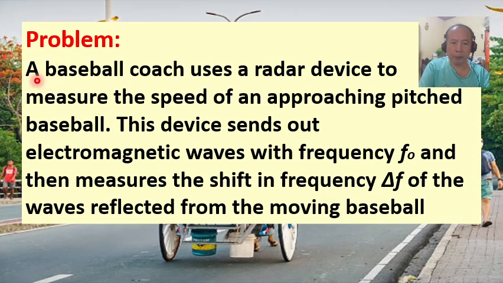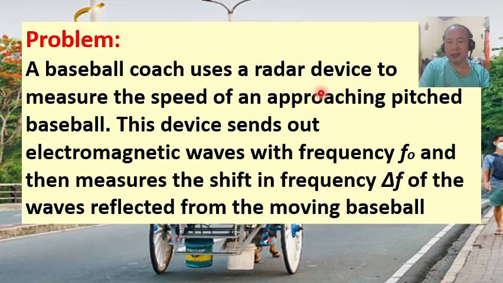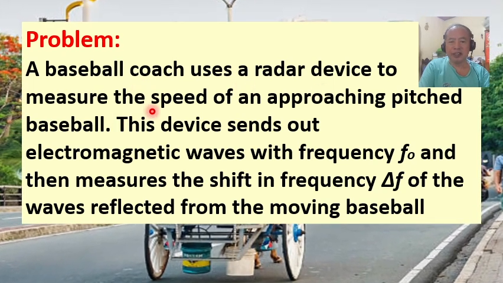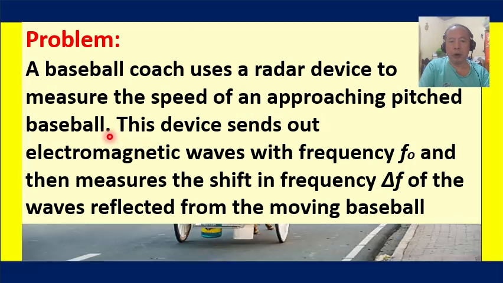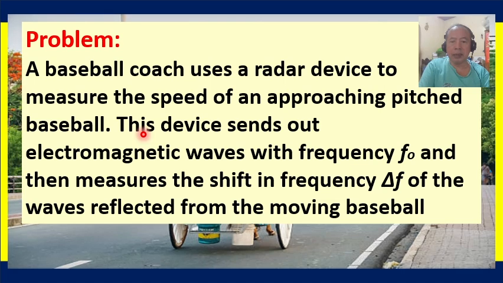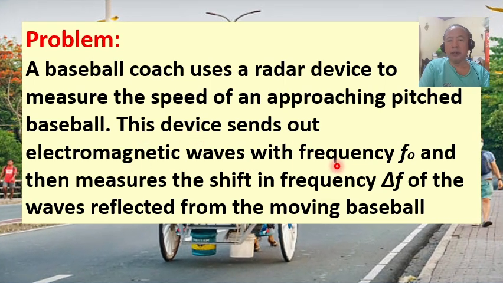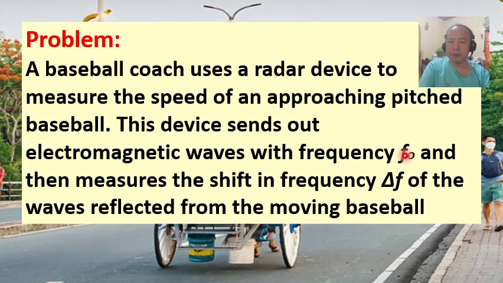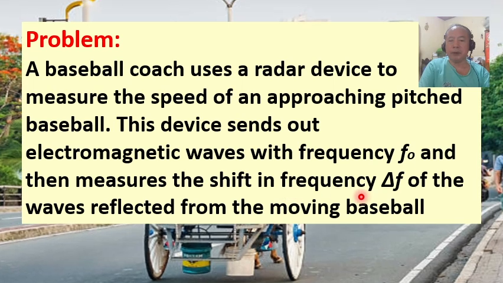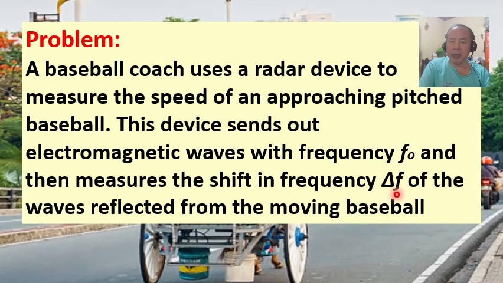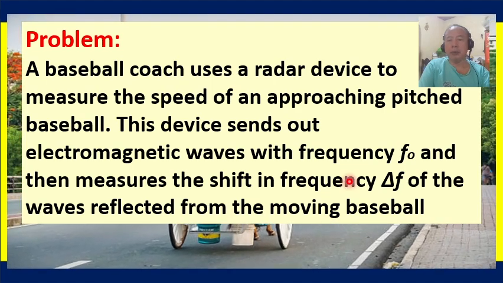Problem is, a baseball coach uses a radar device to measure the speed of an approaching pitched baseball. This device sends out electromagnetic waves with frequency f sub o and then measures the shift in frequency delta f of the waves reflected from the moving baseball.